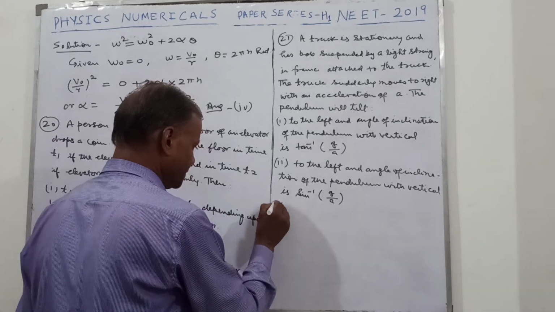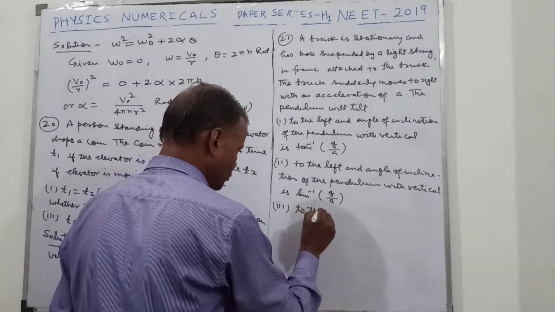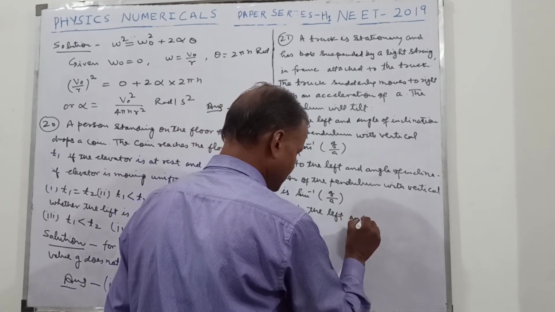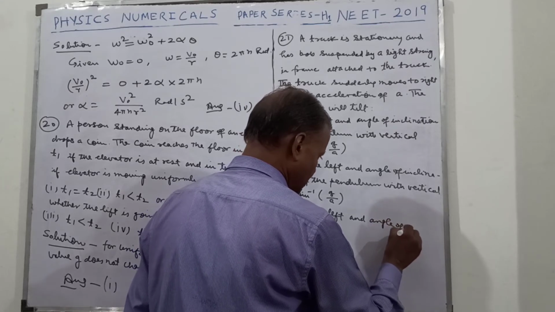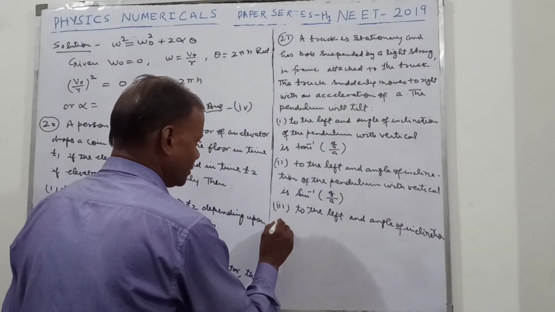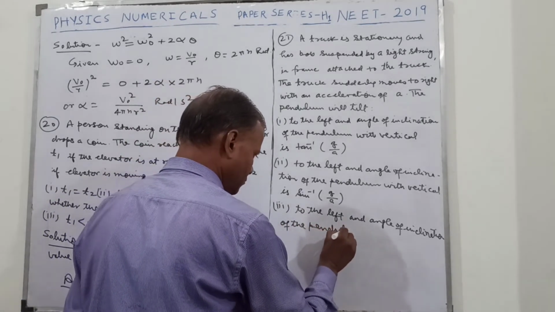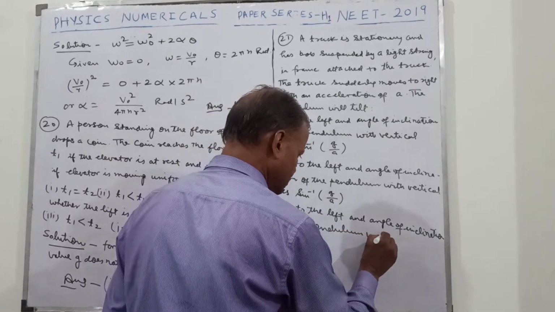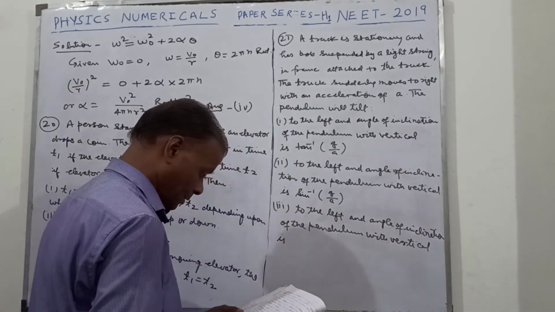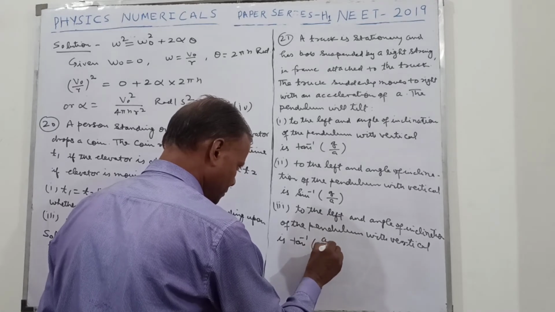And third option is to the left and the angle of inclination of the pendulum with vertical is tan inverse a upon g.